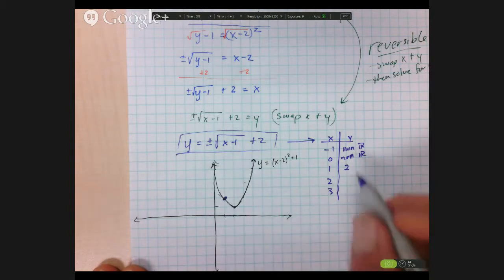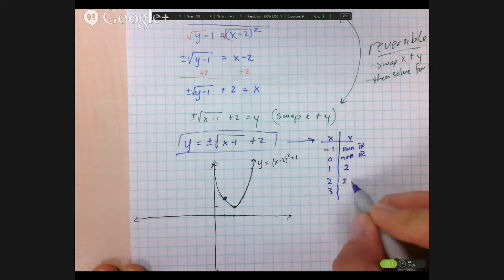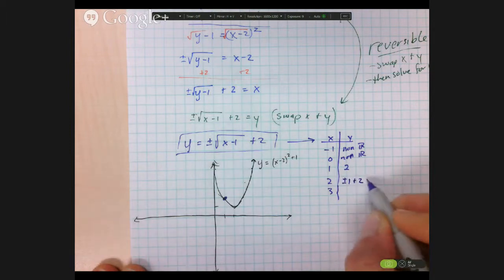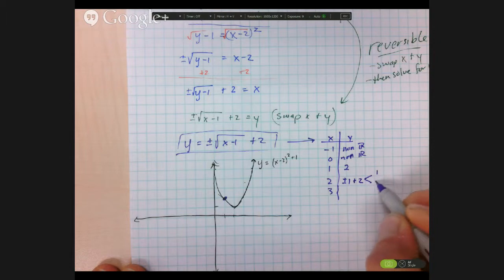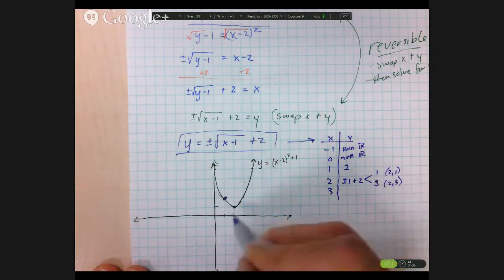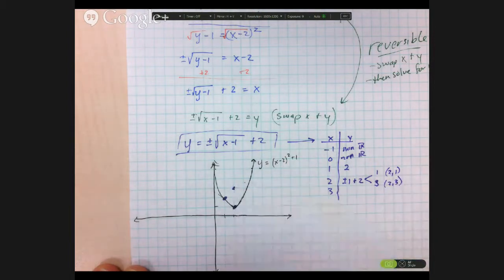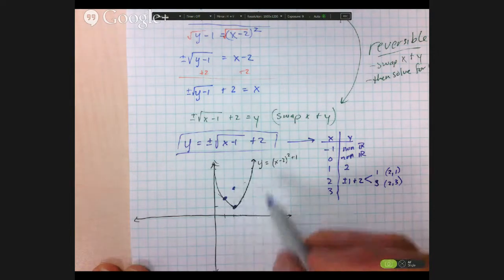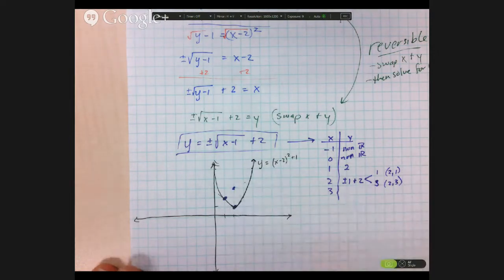What happens if I plug 2 in? You get positive or negative 1, plus 2. How many answers is that then? Yeah, you get 1 and 3. So (2, 1) and (2, 3). And then if you plug 3 in, you're going to get something just like that.